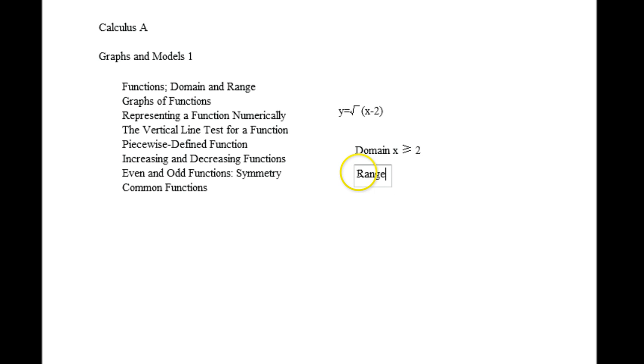My range is y greater than or equal to 0. Just by knowing this information, I can look at the graph and tell you its domain and range. So you have to be able to do that.